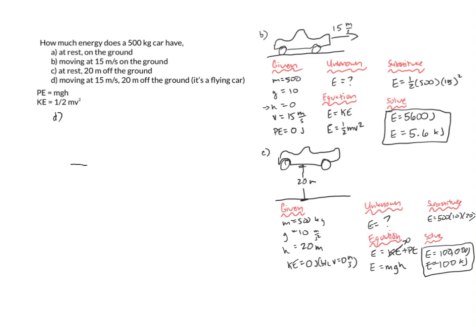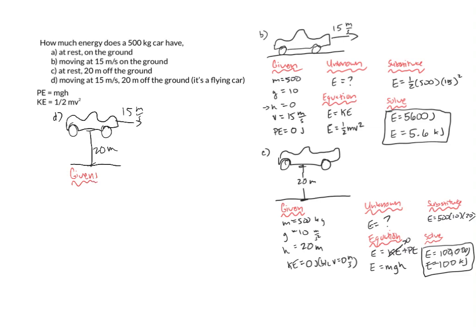So now our car is moving at 15 meters per second, and it is 20 meters off the ground. So now my car has both potential energy and kinetic energy. And so my givens, I'm going to go ahead and list out everything that I know.